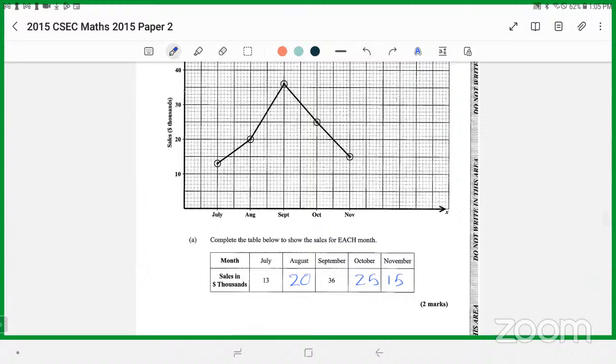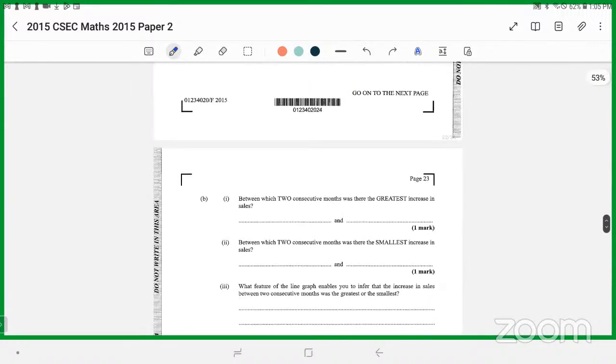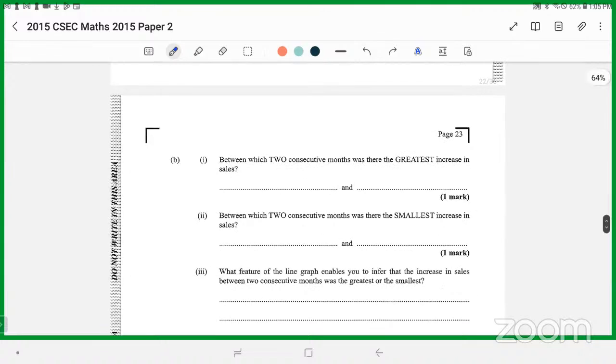All right. Next part says, between which 2 consecutive months was there the greatest increase in sales? Greatest increase, in other words, when the increase was greatest. You can know that from a graph by looking at the gradient of the graph and the length of the line segments.